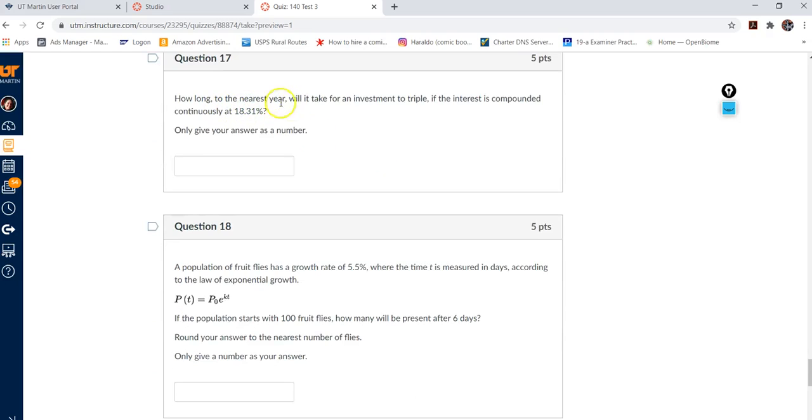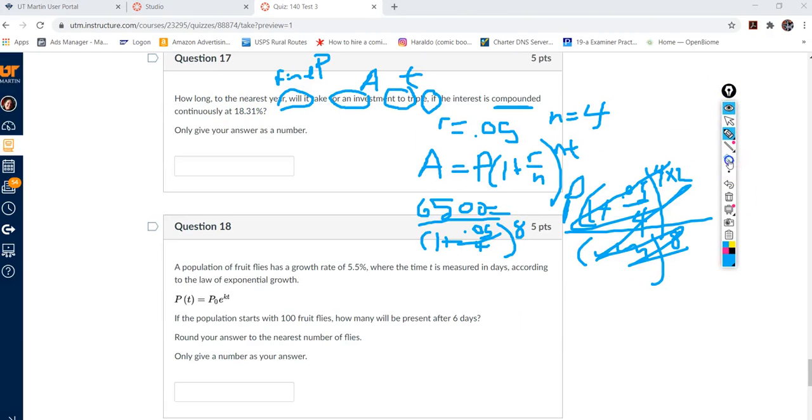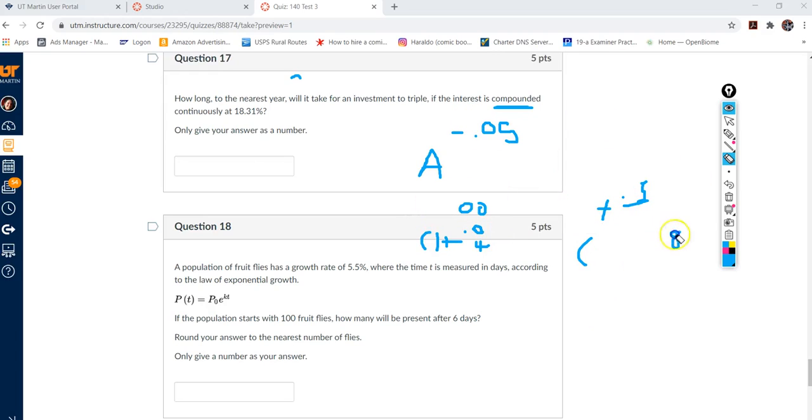How long to the nearest year? So if it's how long, you're going to have to find out t. And also, they want it to the nearest year, so you will be required to round it at the end.